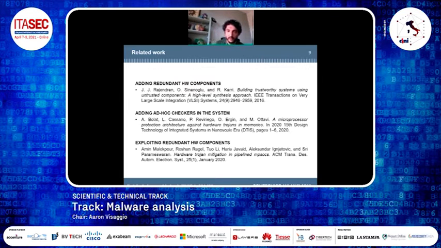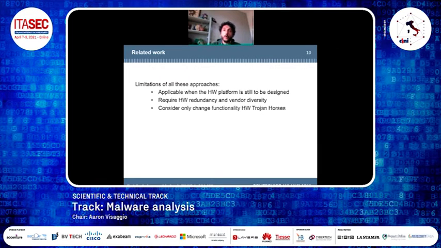There are 2 or 3 approaches in the literature that exploit either software redundancy or hardware redundancy, but they all rely on redundancy and on vendor diversity. So I need different copies of the microprocessor circuit, for example, belonging to different vendors. They are all design time techniques that need special hardware.